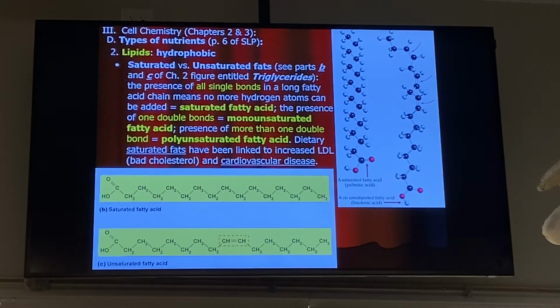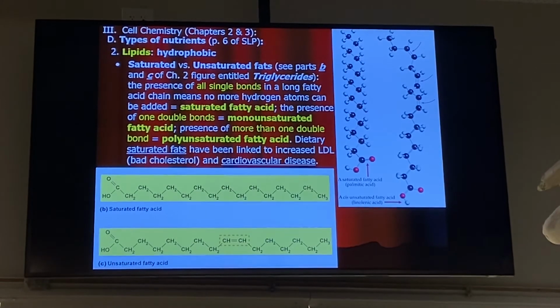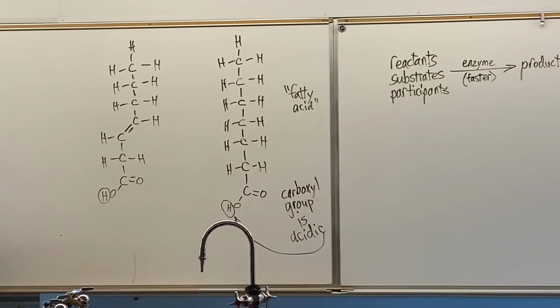Because of that, just remember, only 4 lines can come out of every C. And because only 4 lines can come out of every C, if I have a double bond in the middle of the chain, I have to take 2 hydrogens off.